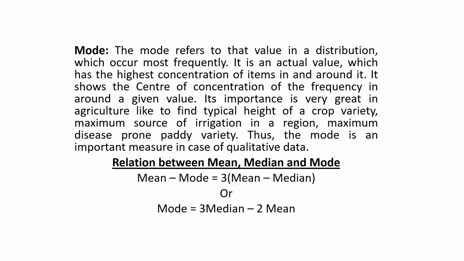Usually it is ascertained by inspection only. Mode is not affected by extreme values. It can be calculated even when the extreme values are not given in the problem. The value of mode can be ascertained even when open-end classes are given in the distribution.